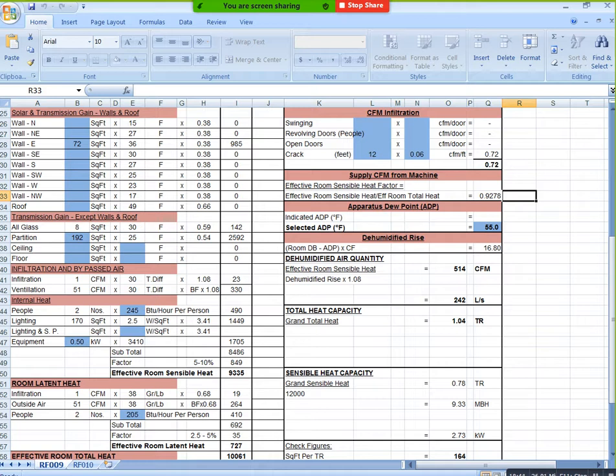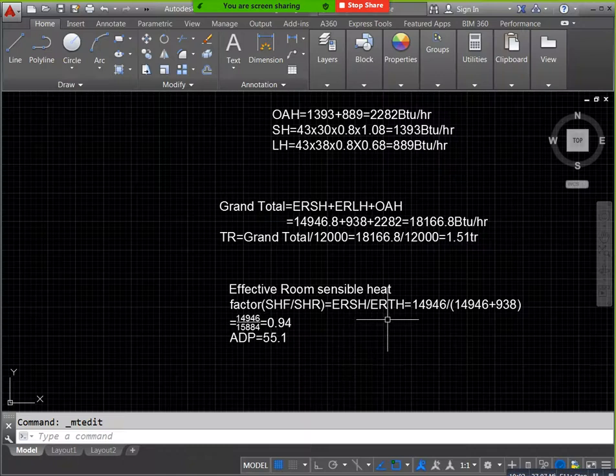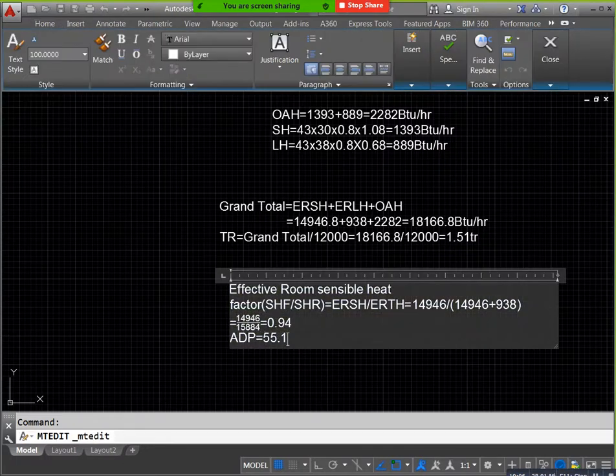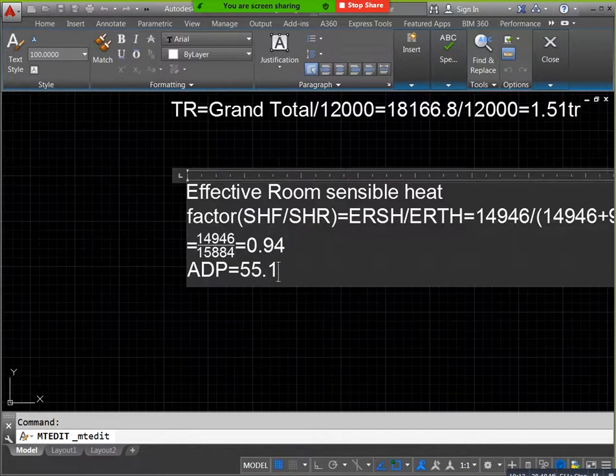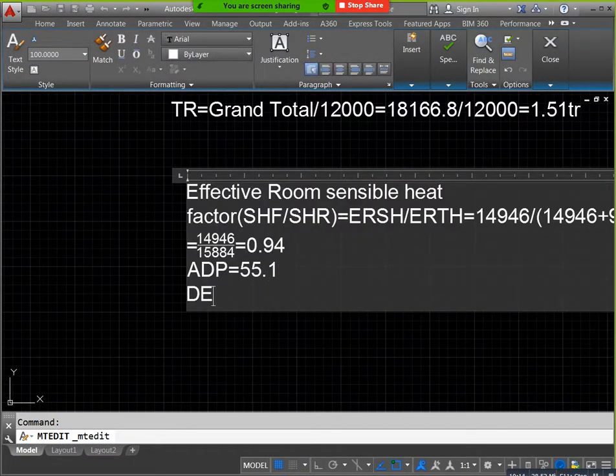Now you can mention dehumidifier rise directly here. Dehumidifier rise is equal to room dB minus ADP into contact factor.